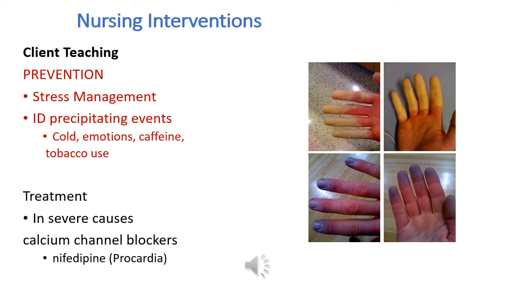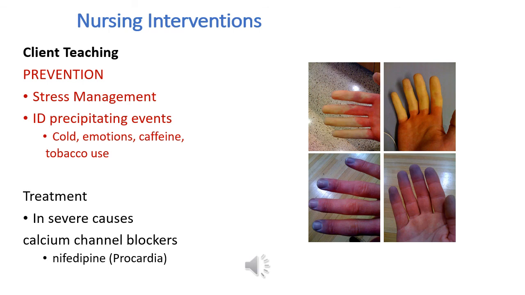So for many people, it's the cold. So we can teach them to wear gloves in the colder weather, and that may avoid an episode. For some, it may be emotions, and so we can work with them on coping and stress management. Caffeine and tobacco use are also other precipitating factors that can be modified to prevent these events.